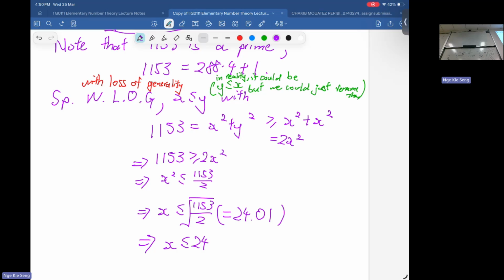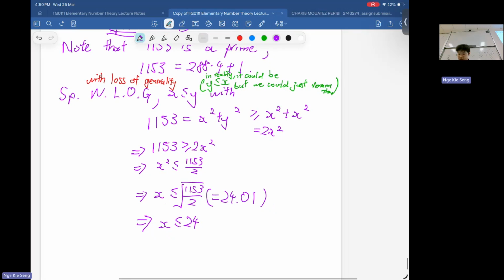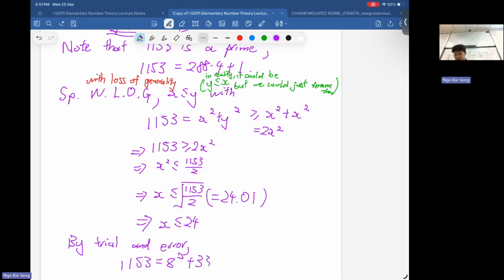I think there are 24 to try. So this reduced significantly. Sorry, yeah. So by trial and error, luckily if you try from 1, maybe it's not too hard. It's x squared plus 33 squared.